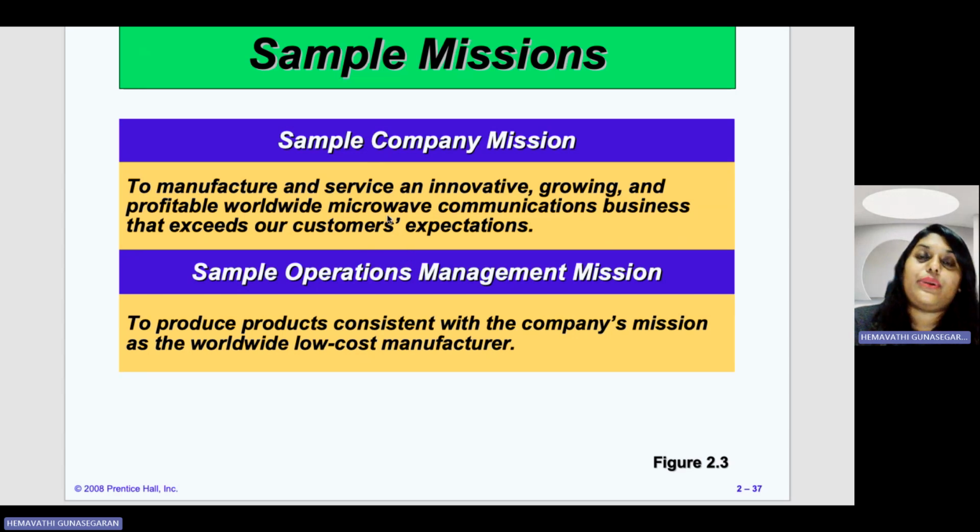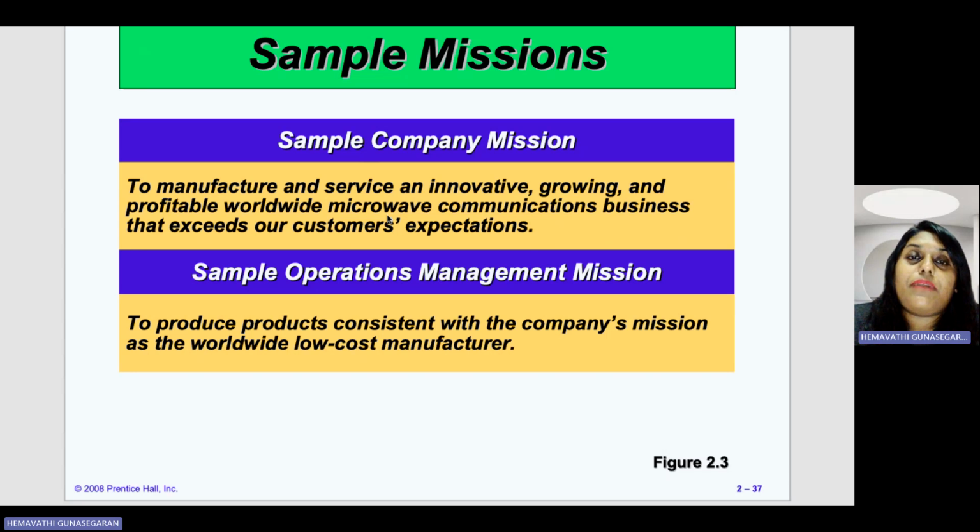And throughout our life, we have seen various mission statements of companies. But when we look into operations management, in each part of operations management, we need to have a different mission statement, right? Usually, we only state the main mission statement of a company.